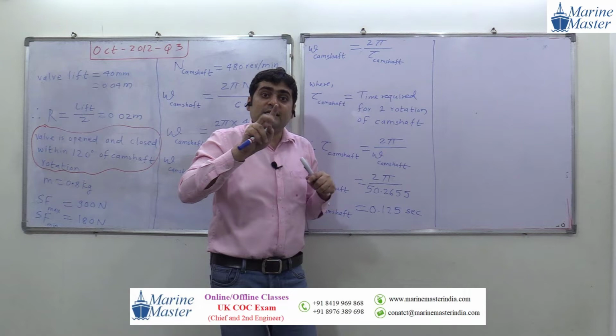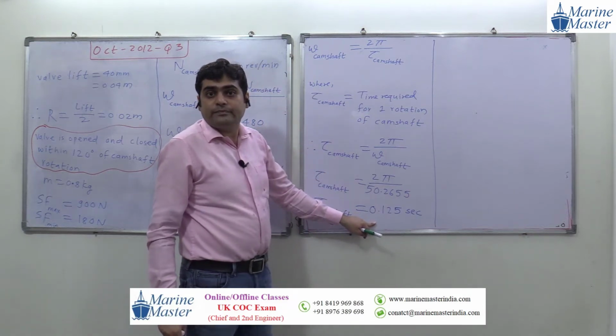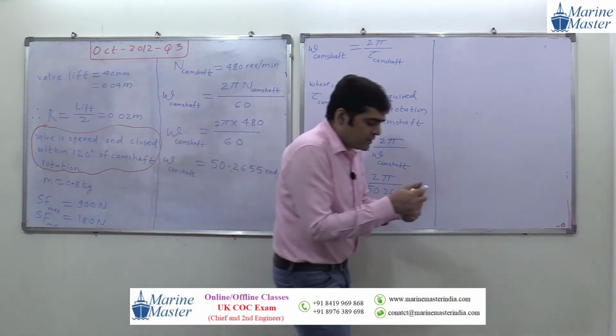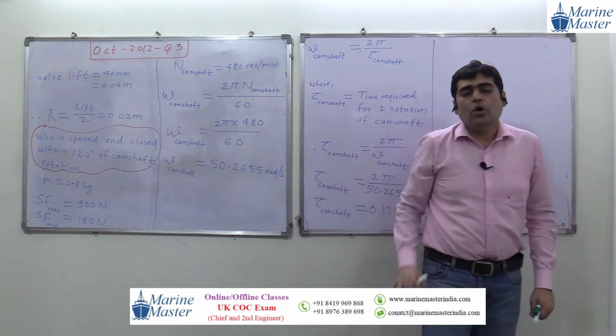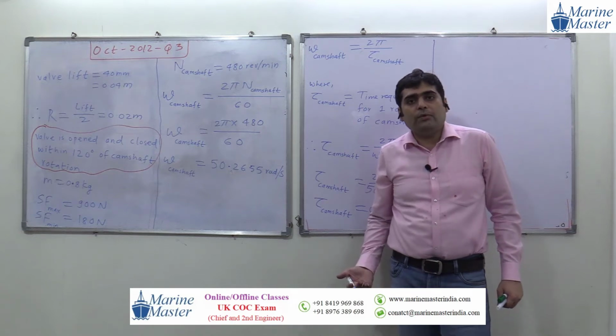The valve is opened and closed within 120 degree, out of 360 degree. So this much time is required for 360 degree, then how much time will be required for 120? So therefore tau SHM. Who is following SHM here? The valve is following SHM.